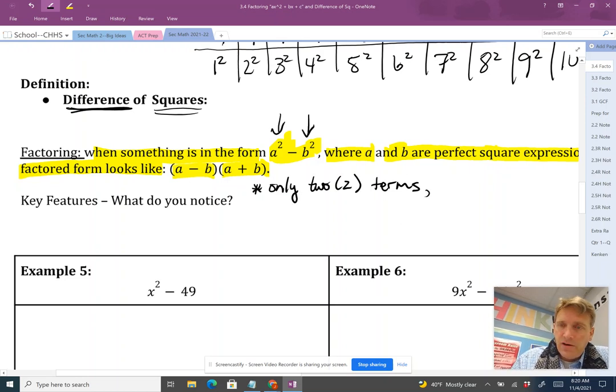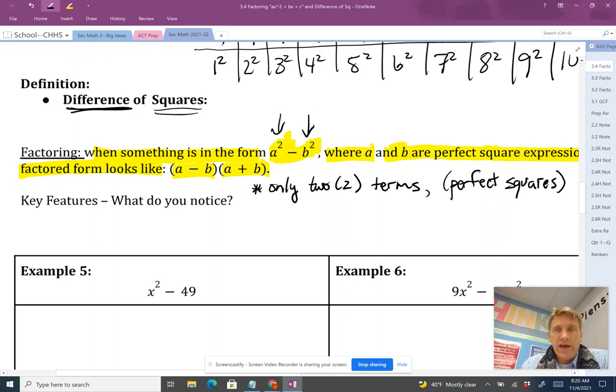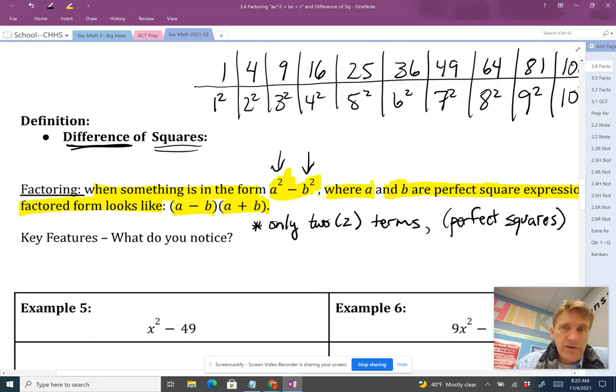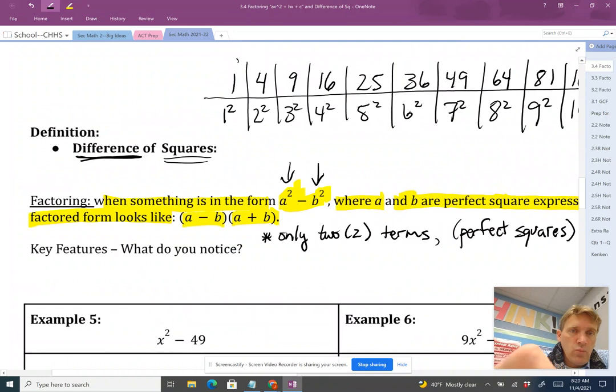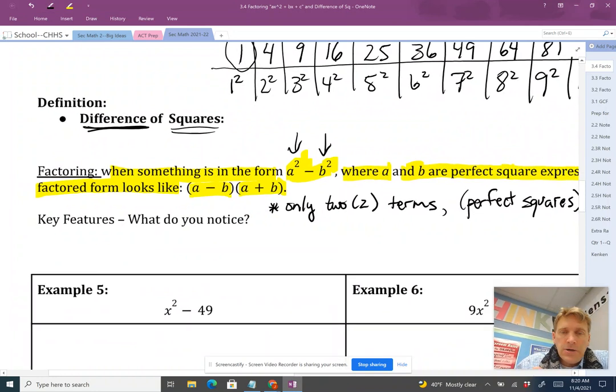And that they are perfect squares, whether that's in variables like x squared or numbers like 16 or 36 or 49 or 100 or even 1. Another thing you should notice, difference. Remember that in difference, that means subtraction.